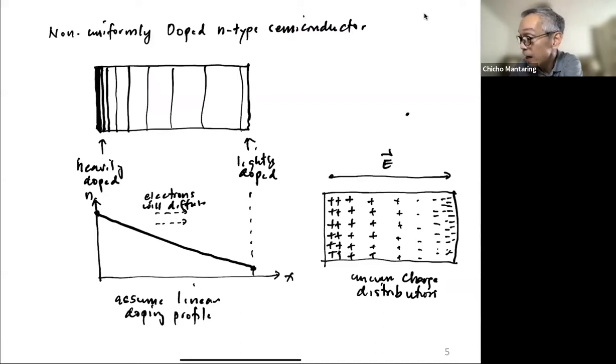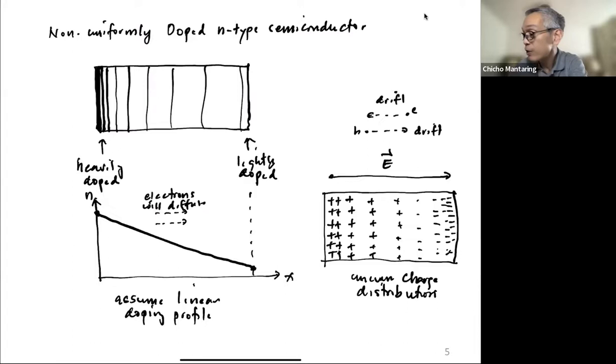And your electrons will drift now toward the left. And then your holes will drift toward the right. Right? So because of the non-uniform concentration, you have diffusion, electrons diffusing toward the right.